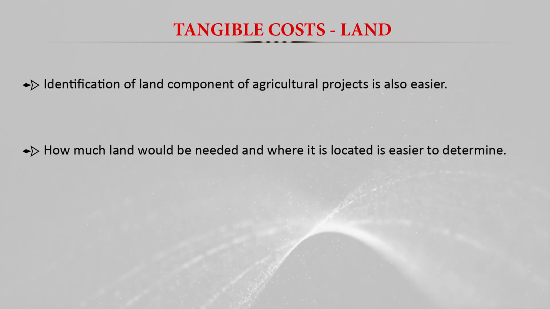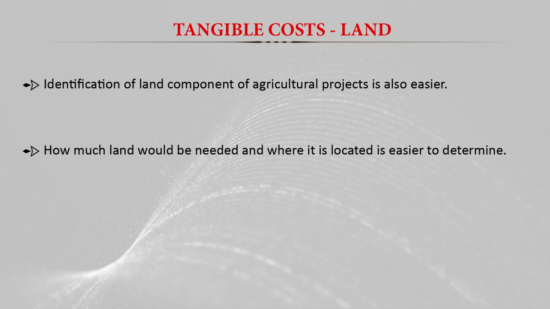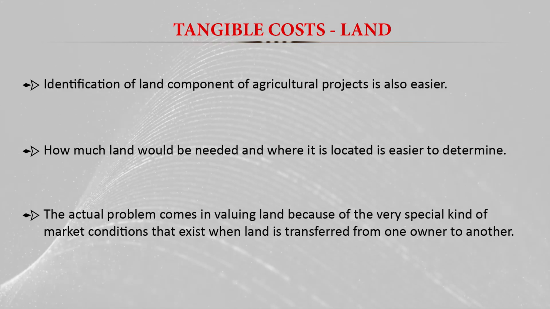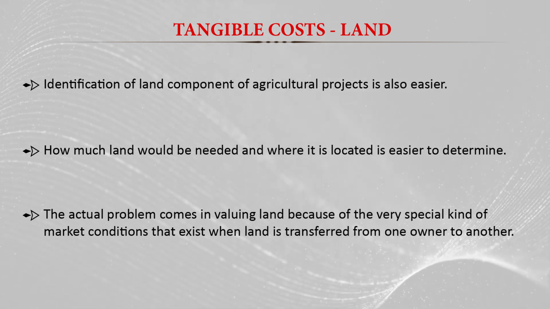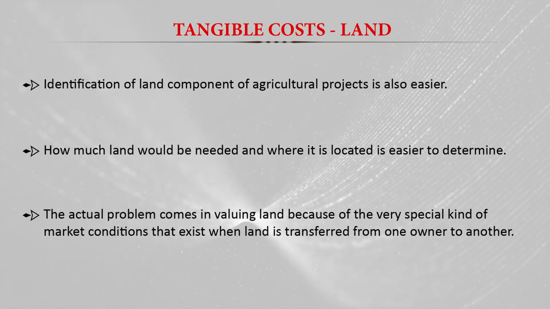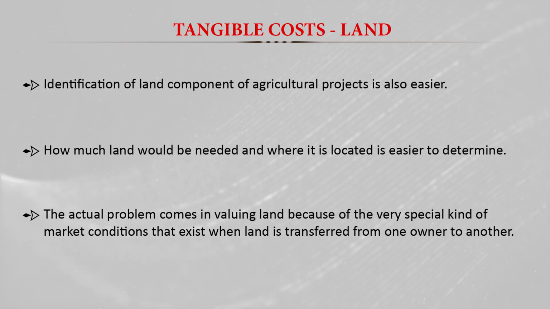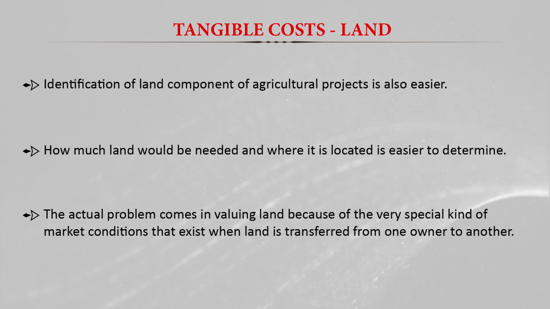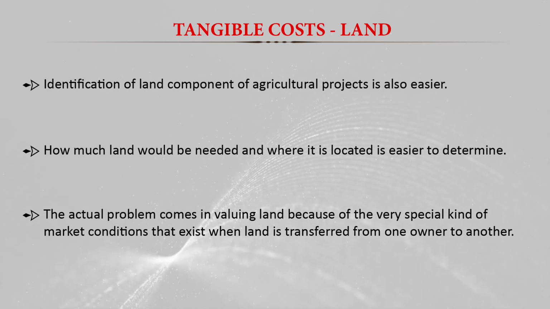But some actual problems come in valuing land because of the special kind of market conditions that exist when land is transferred from one owner to another. Suppose there is a land acquisition for the development of an irrigation project. What type of payment should be made, and how much payment should be made to the farmers of that locality?